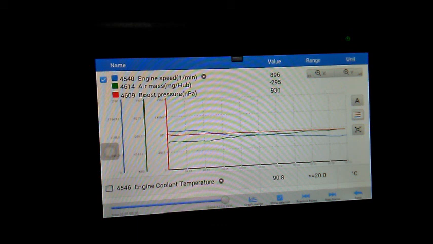But for the mass airflow, I decided to inform the customer that I'm not sure whether the mass airflow sensors and the intake air temperature sensors on the vehicle are good. The best thing would be to first change the engine control module with a good one, and then troubleshoot the mass airflow accordingly.